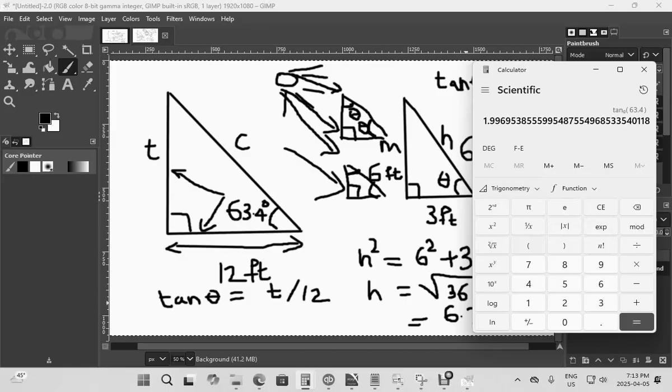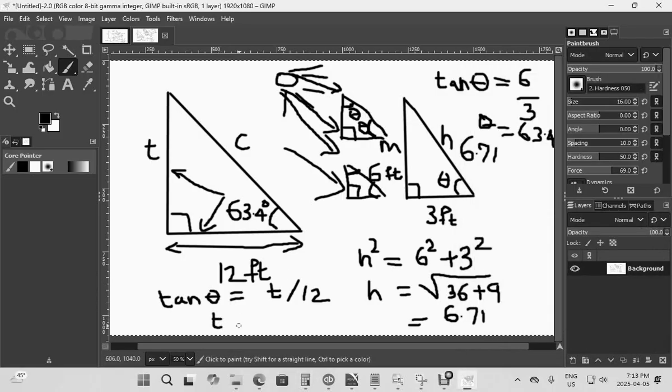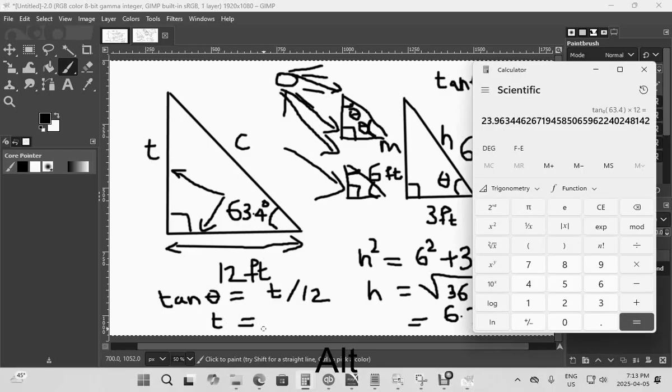This will be your tan, which is 1.9969, and you multiply by 12. So you multiply this solution by 12 in order to get your T, or height of the tree. So the height of the tree will be 23.96.